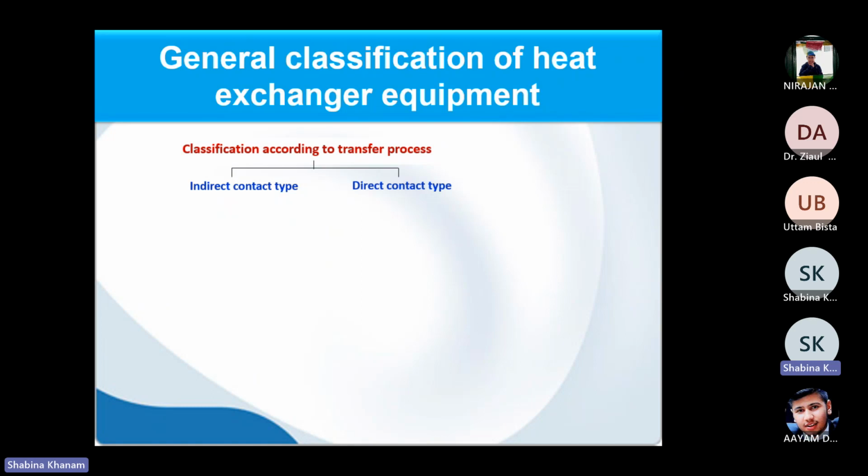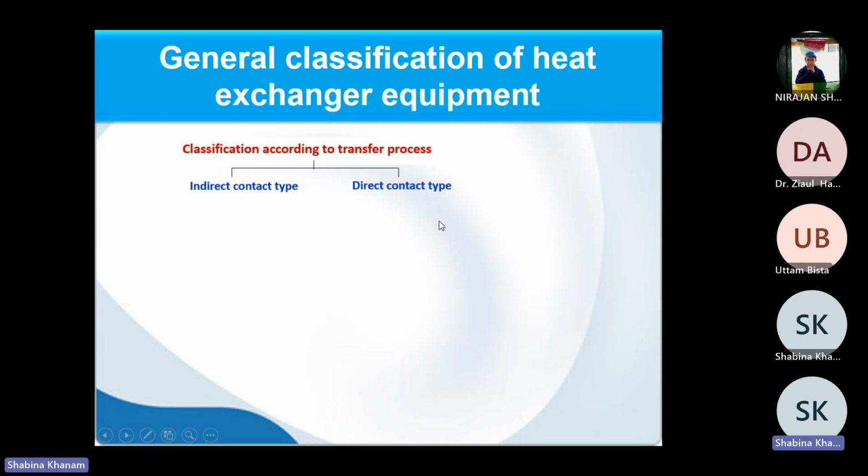As we usually see in a double pipe heat exchanger, one fluid is flowing in a pipe and the other fluid is flowing on the other side, so the separation of the fluids occurs with one separating wall. That is the indirect contact type. In the direct contact type, there is no separation; we will see what the example of that could be. Further, we will classify the indirect type into direct transfer type and storage type.